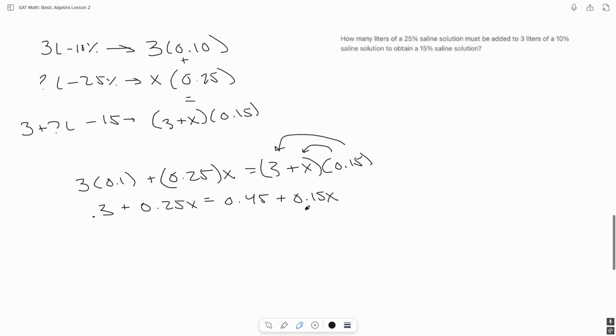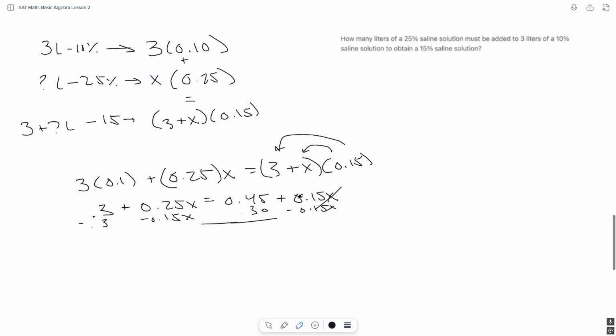So you want x on one side and everything else on the other, right? So let's move this here and let's move this here. If you were to move 0.15x to this side, you would have to subtract 0.15x, right? To cancel out this. And then to get this to this side, we want to subtract 0.3.